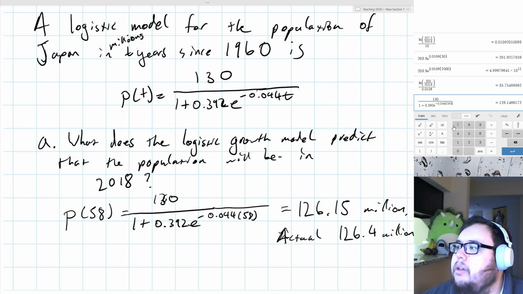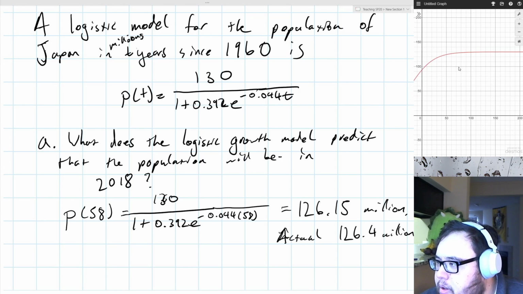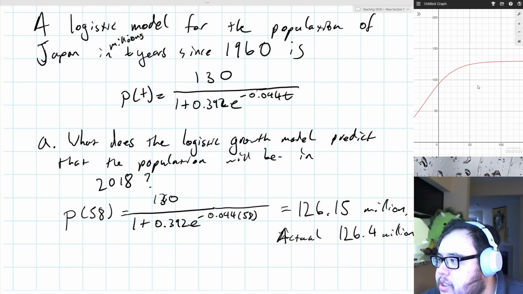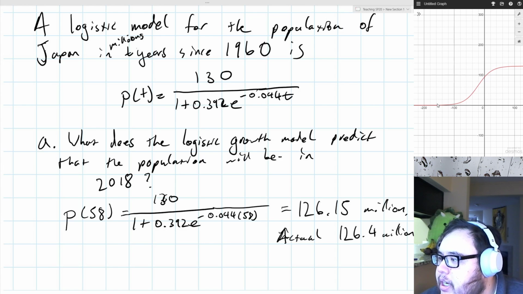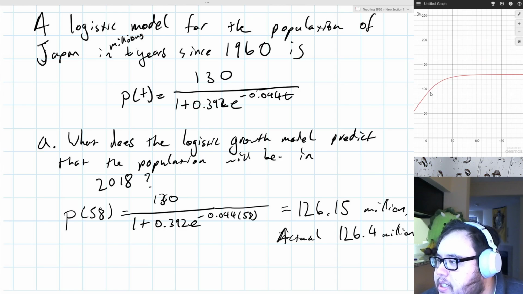And in fact, if we take a look at this graph here, this is what the logistic growth graph looks like. You can see it has this exponential growth before the date here, but after 1960, we're seeing this increasing to a limit type thing.